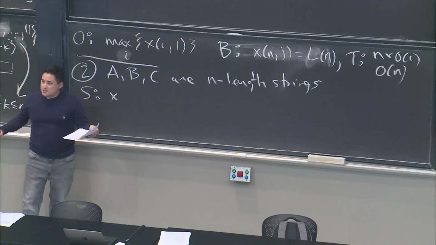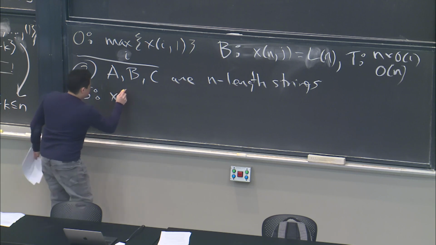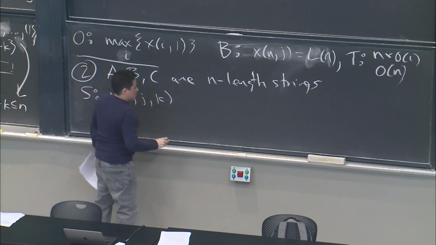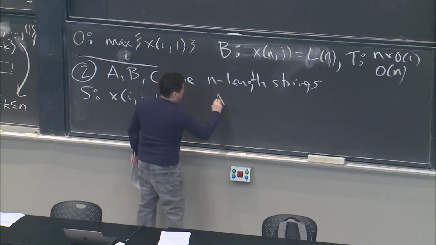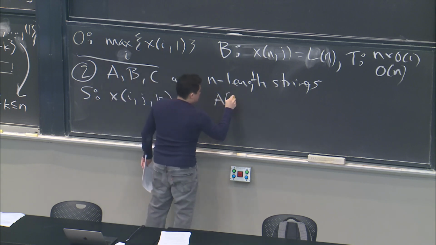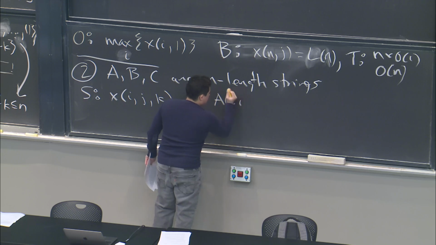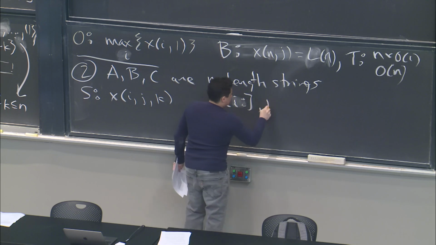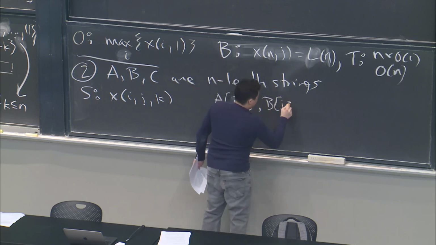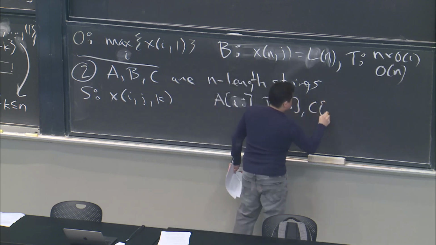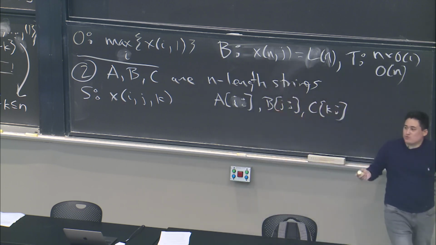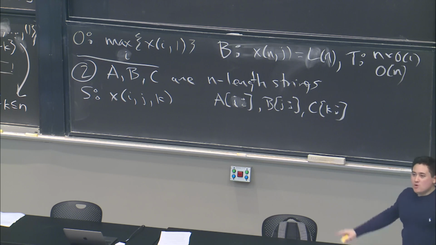That kind of makes sense. Something like I, J, K, where we're talking about the prefixes, A_i, B_j, and C_k. Right? That seems reasonable, at least, right? It's what we would do for longest common subsequence.